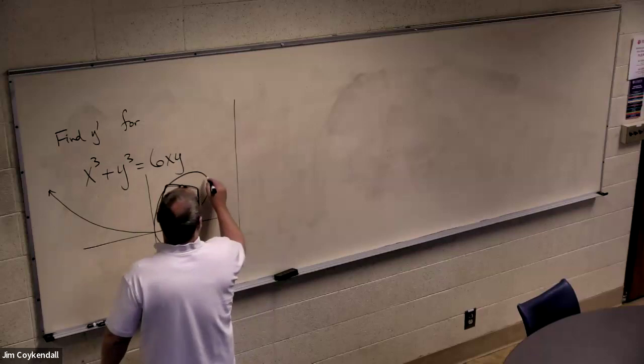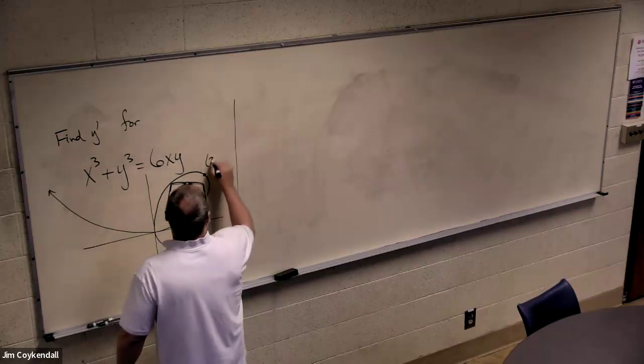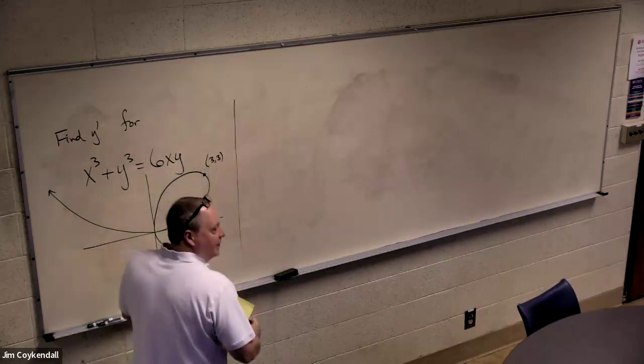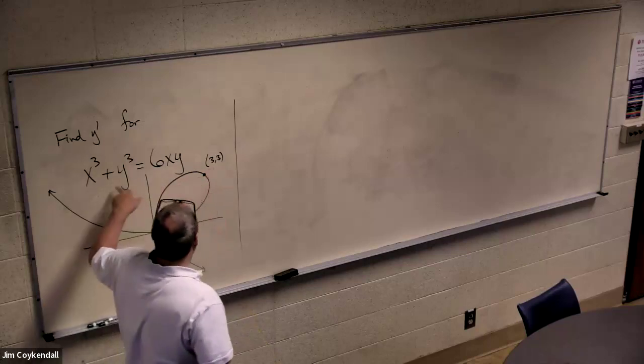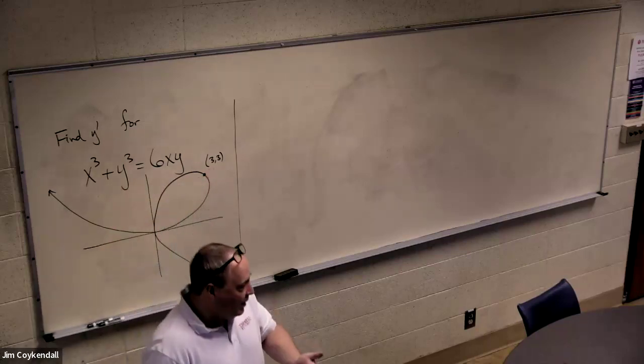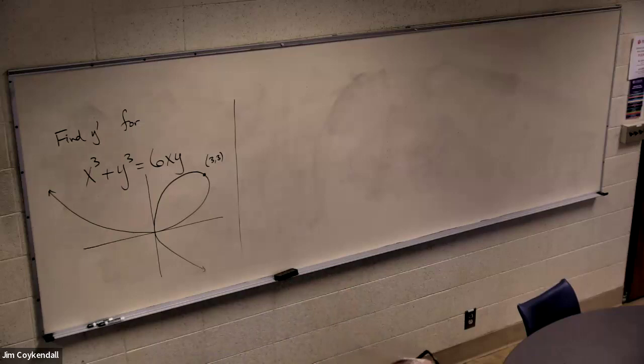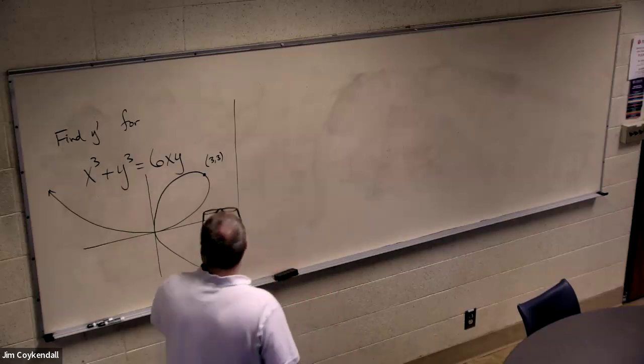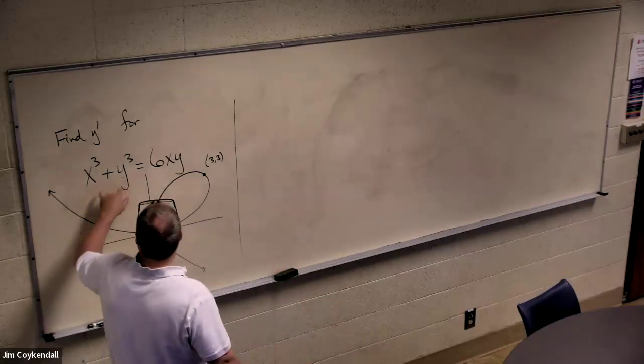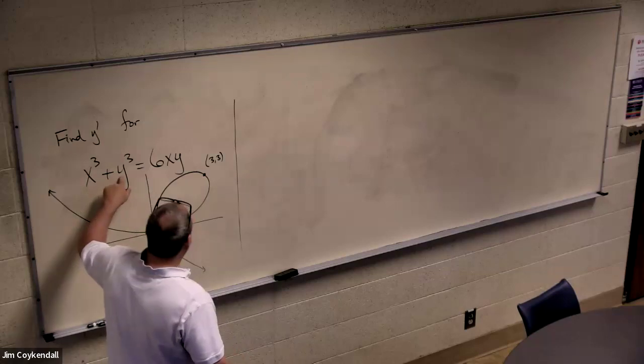Let's suppose that I want the tangent line at the point 3, 3. By the way, 3, 3 is a point on this curve. Does anybody know how I could check? I mean, I just may have made that number up. Plug in x and y, see if it balances. It's like in chemistry. You put in 3 here and 3 here, you get 27, 27 is 54.